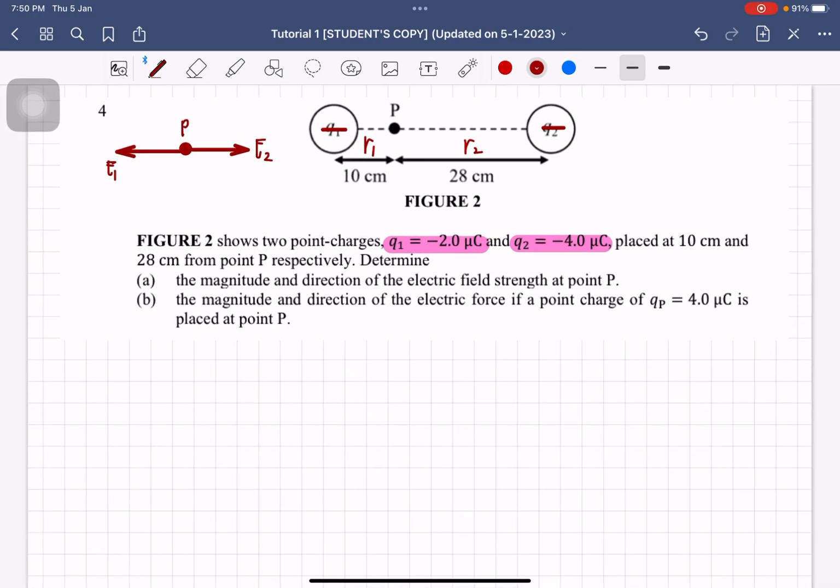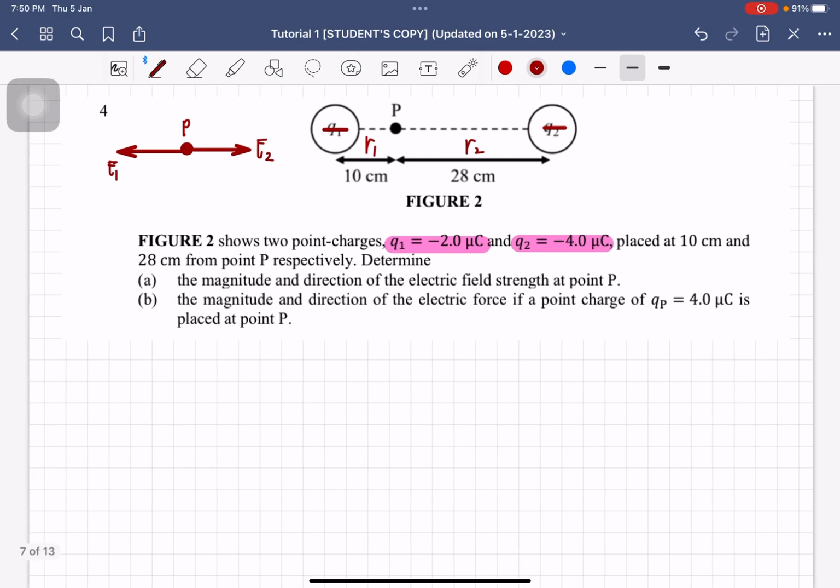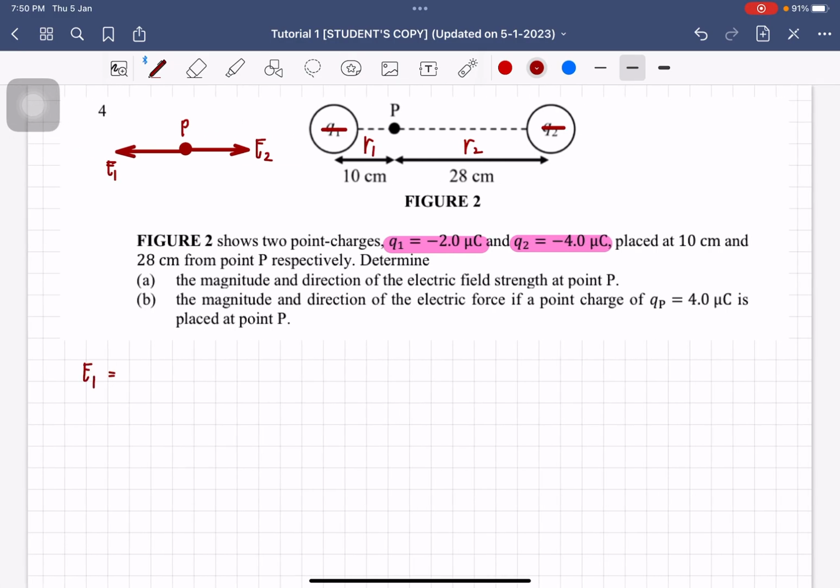So now we have to determine the magnitude. E1 is equal to K Q1 over R1 squared. Is there a square? Yes, there's a square. So Q1 is 2 micro, giving you 1.8 times 10 to the power of 6 Newton per Coulomb.